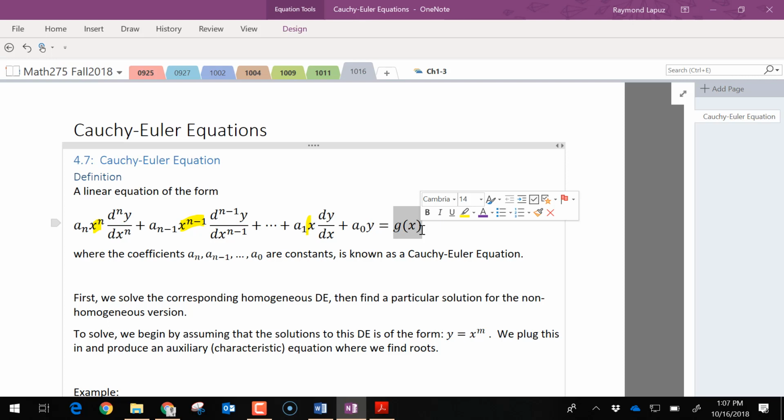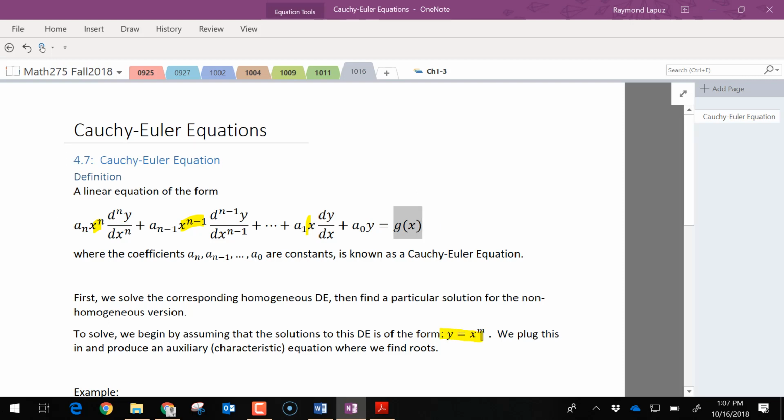We're going to assume that our solution is x to the m power. And then we're going to plug it in and see if we can get the solutions from there. Okay, so that's our plan.